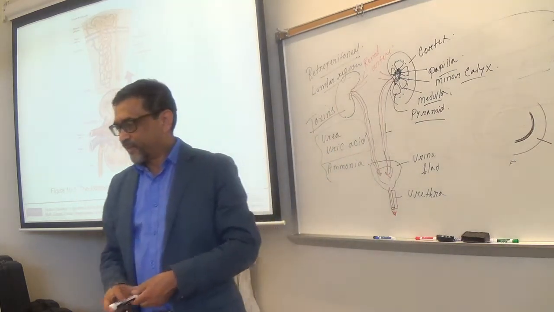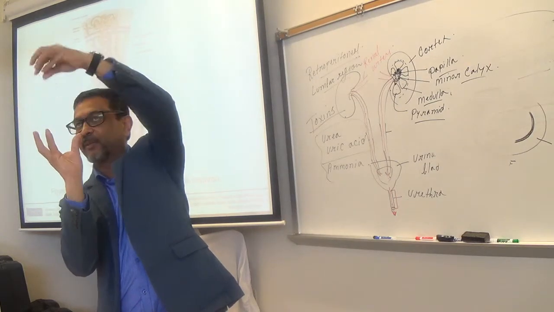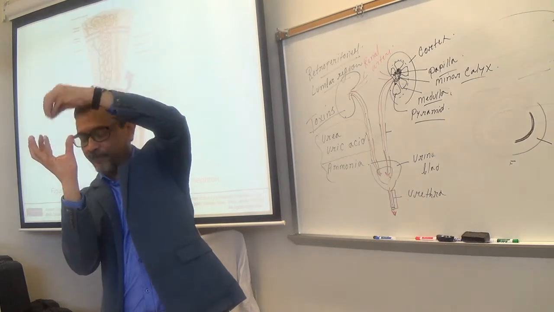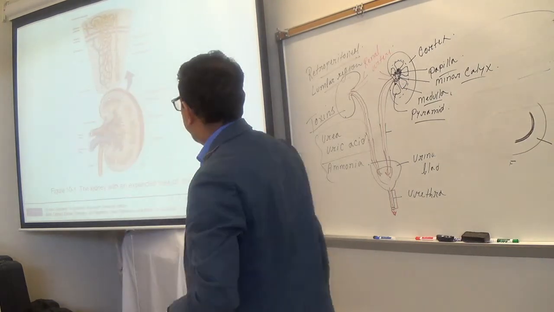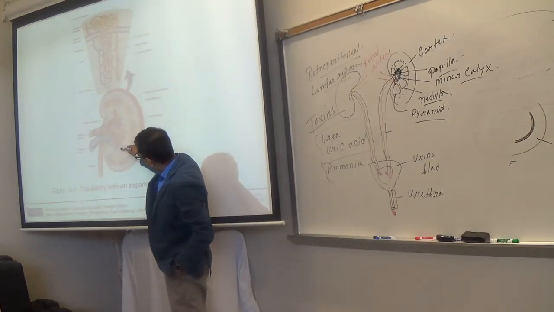So the minor calyx is the funnel-shaped structure around the papilla of the pyramid, and it collects the urine from the papilla. Then the minor calyces do what?